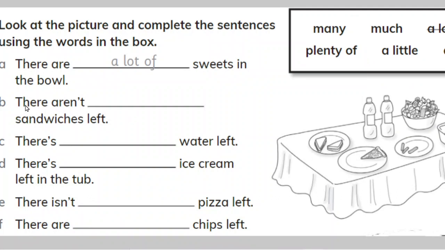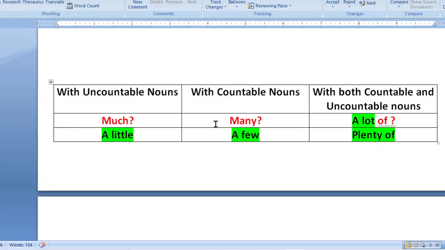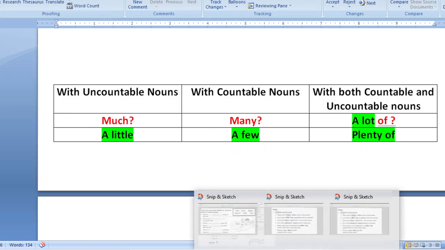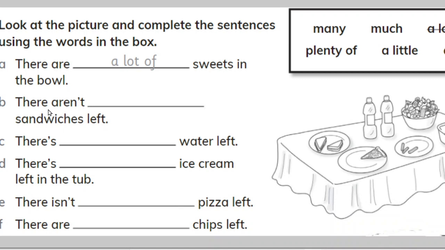Let's see the next one. This one will make sense. There aren't dash sandwiches left. Aren't. So what is it? It is a negative one. So immediately when you think of negative, you should think of the red ones. Which are the red ones in the chart? Many and much. Now you should know whether it is countable or uncountable. So go back to your sheet. There aren't sandwiches.